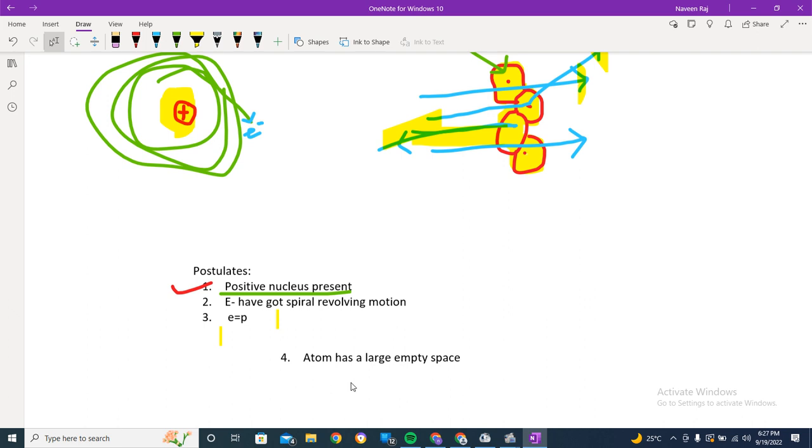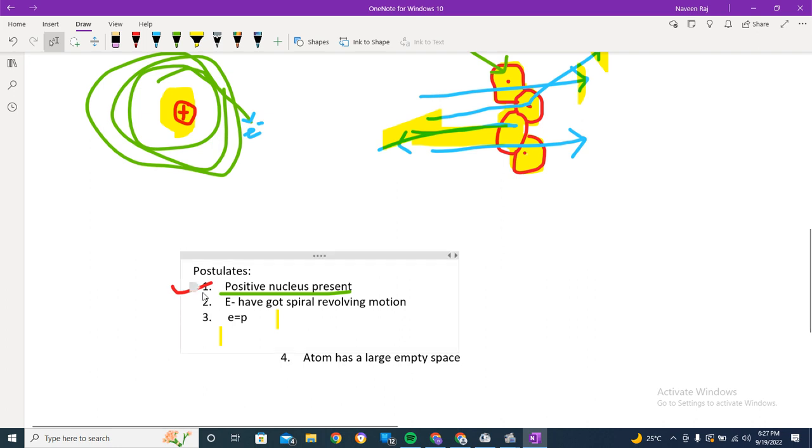We'll be looking into it more deeply in the next video, but let me give you an overview. Maxwell was a scientist who gave the electromagnetic theory. He stated that if an electron or any charged particle has spiral motion, energy would be emitted by it. If energy is emitted by this electron, the atom is going to be destroyed. So how is this acceptable?